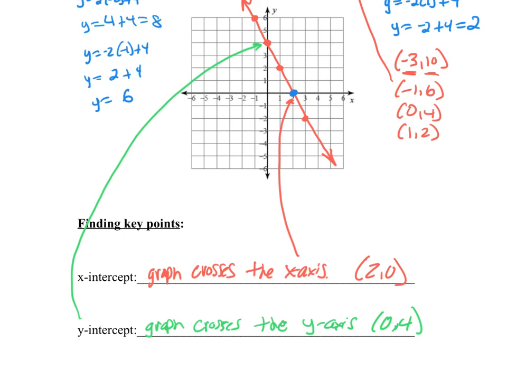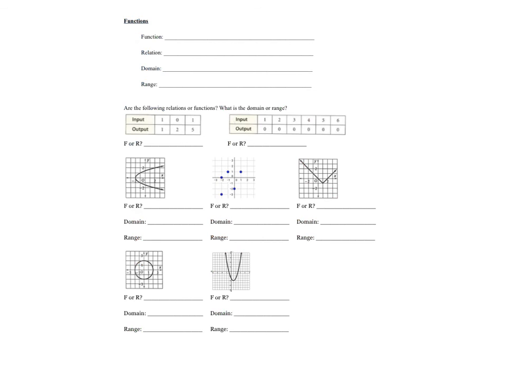Okay, now there will be other important points that we learn about graphs, but for straight lines like this, 2 of the most important points are the x-intercept and the y-intercept. Okay, and just remember the x-intercept is where it crosses the x-axis, and the y-intercept is where it crosses the y-axis.